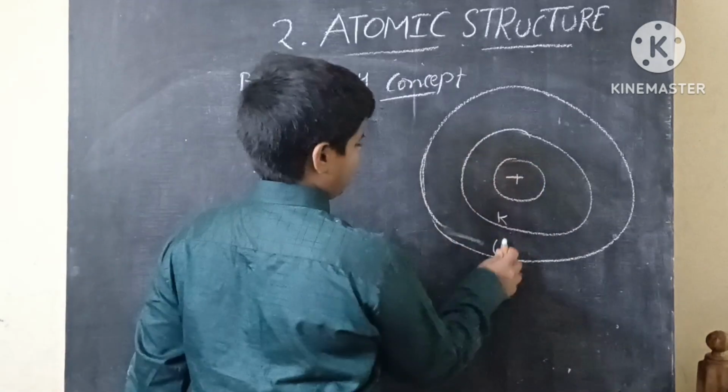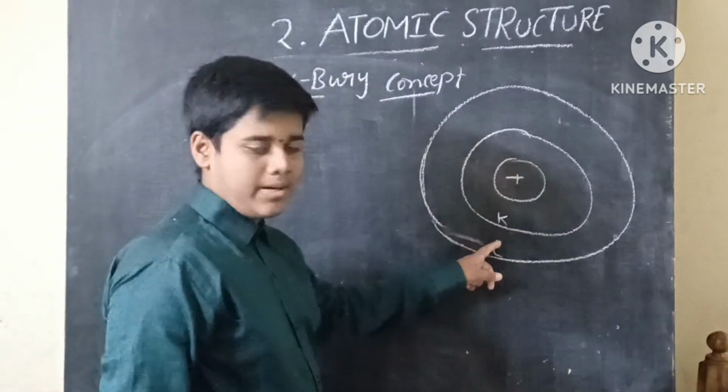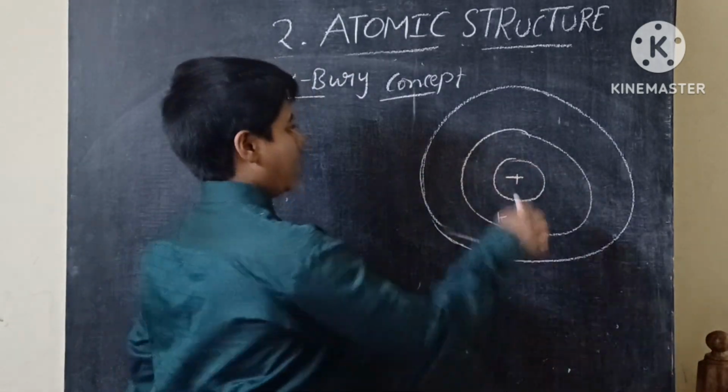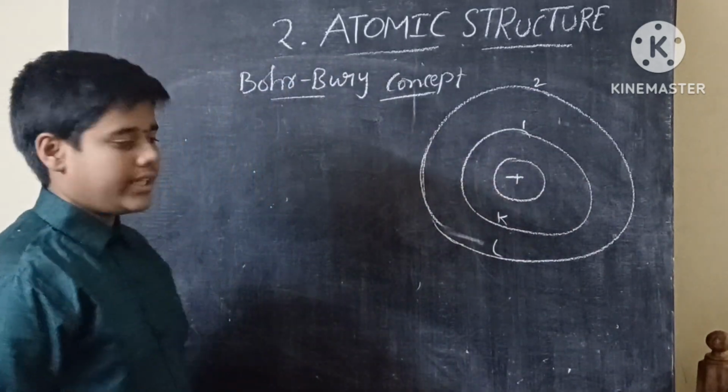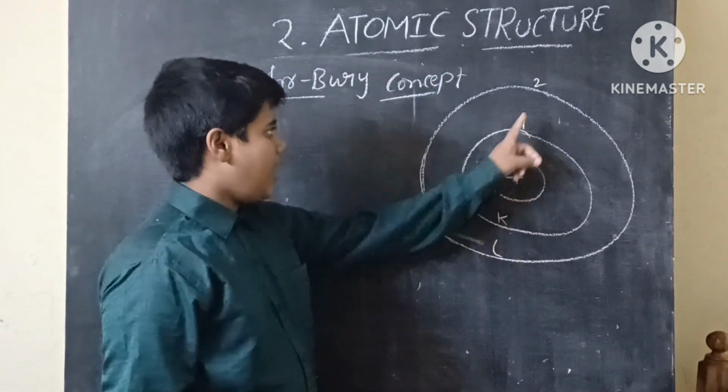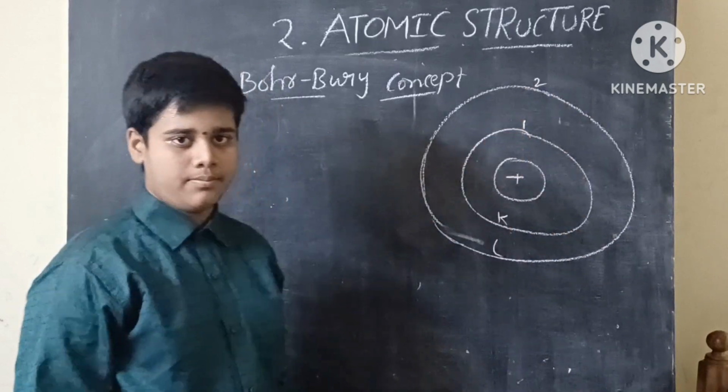He also told orbits are named as K, L, M, N, O, P, and 1, 2, 3 and so on.